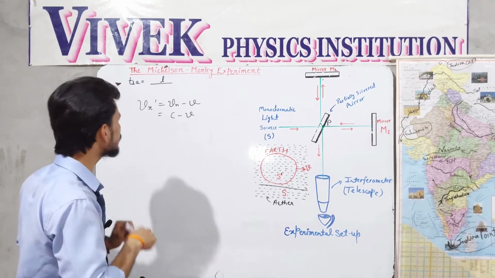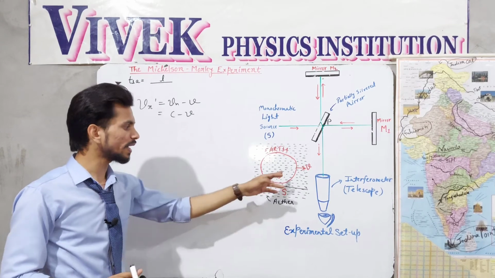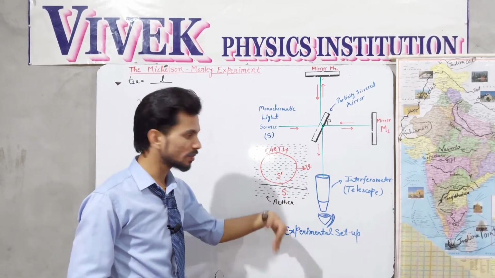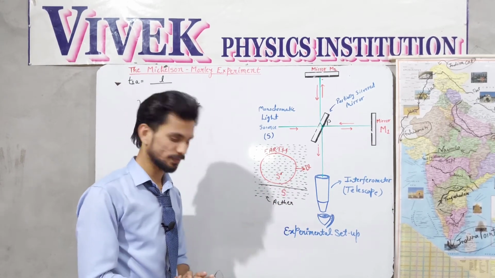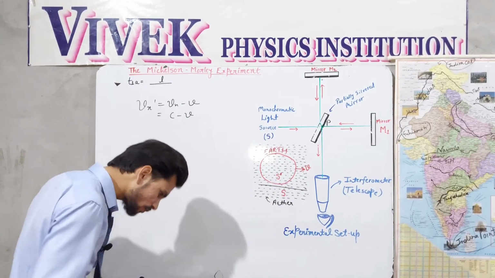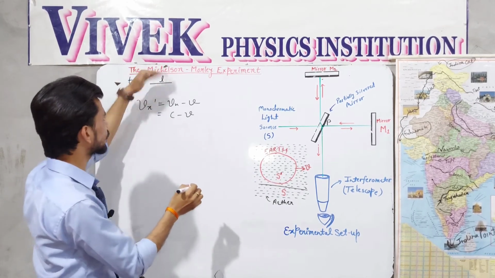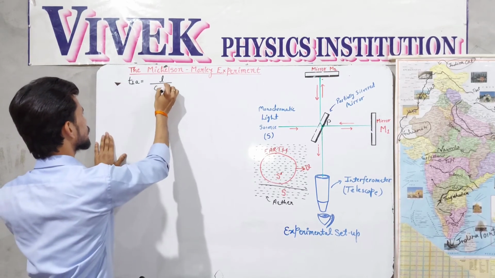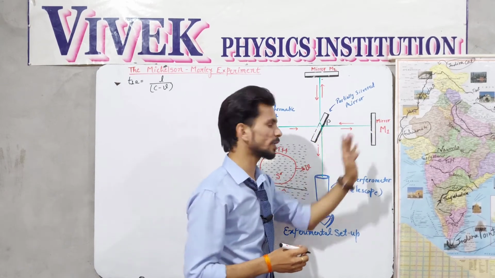So this is Vx dash, the component of the speed of light in the S dash frame, because this experimental setup is situated on the Earth. Now I can put Vx dash in the denominator of L. So this is c minus v, the time taken by the ray going from point P to M1.